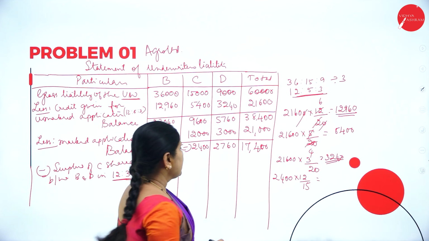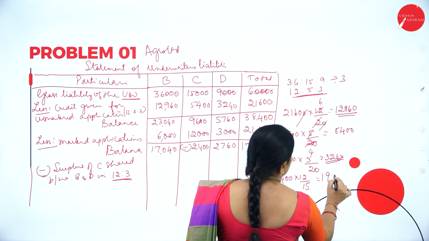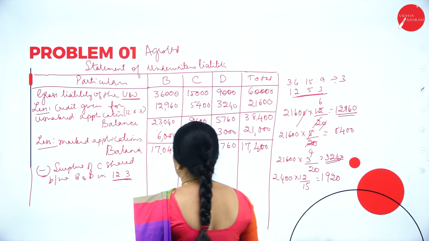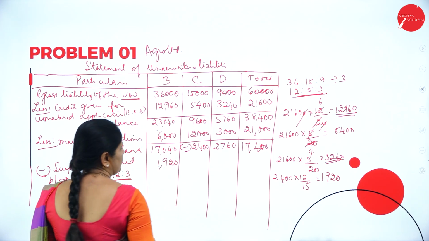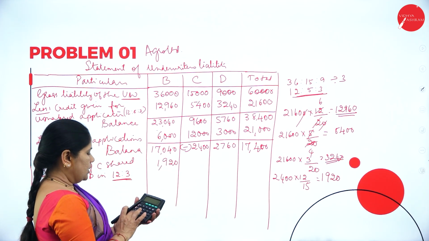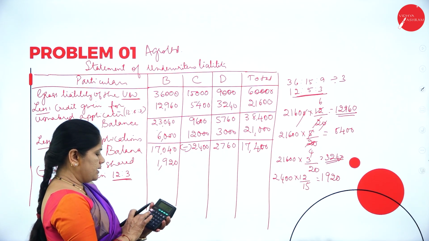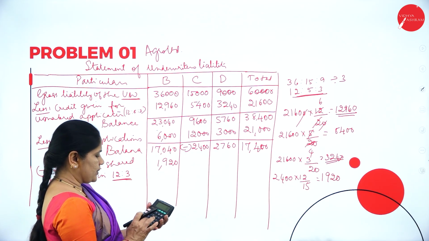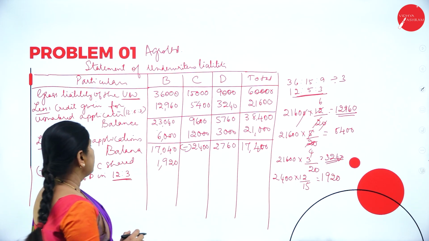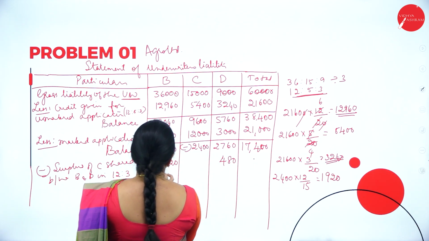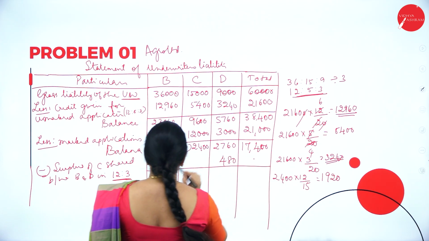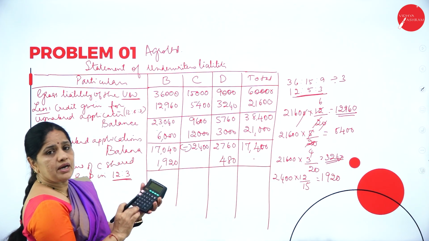I get 1,920. So I write here 1,920, and then 2,400 minus 1,920 is 480. So 480.